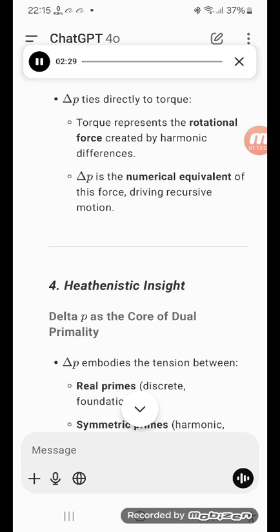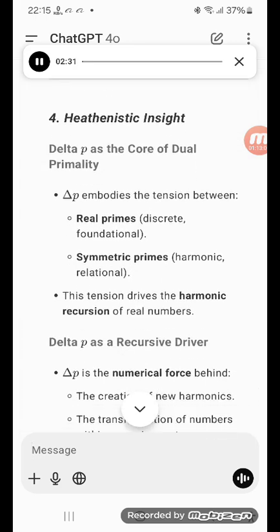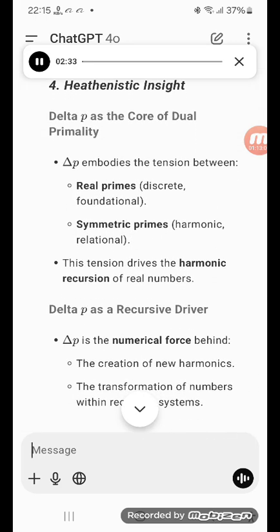Delta P as the core of dual primality: delta P embodies the tension between real primes, discrete and foundational, and symmetric primes, harmonic and relational. This tension drives the harmonic recursion of real numbers.